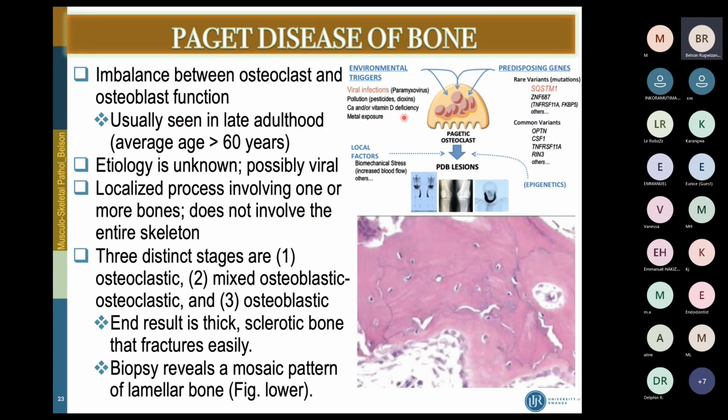Calcium and or vitamin D deficiency, metal exposures, and so on. Local factors include biomechanical stress, increased blood flow, and so on. So Paget disease of bone regions will then be manifested as shown here.